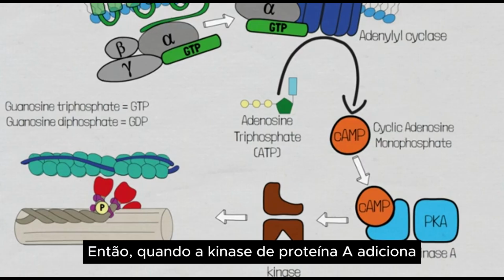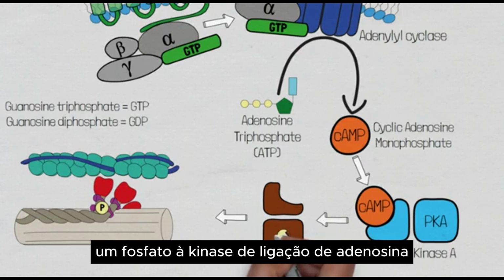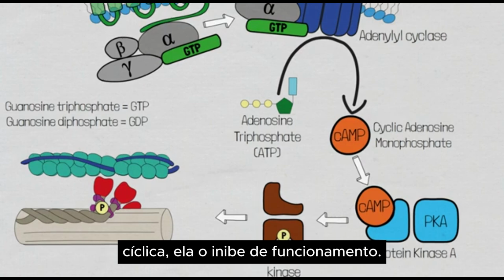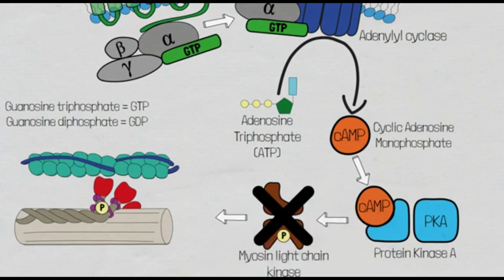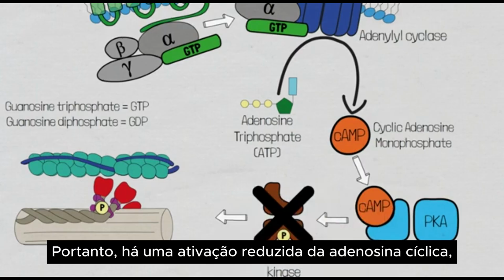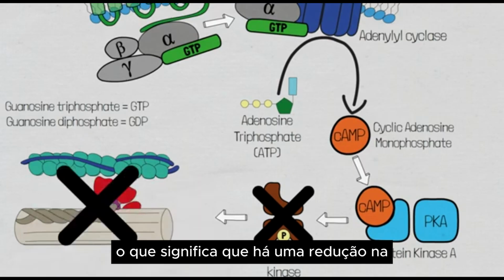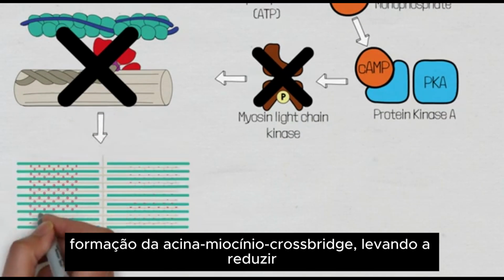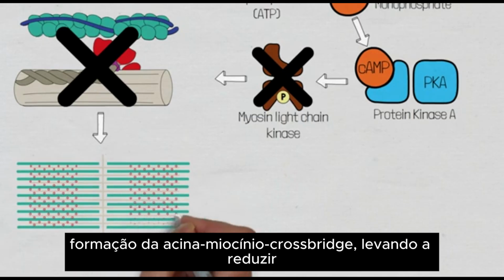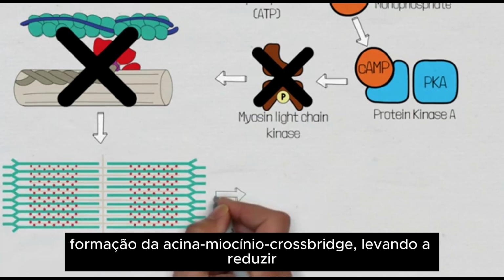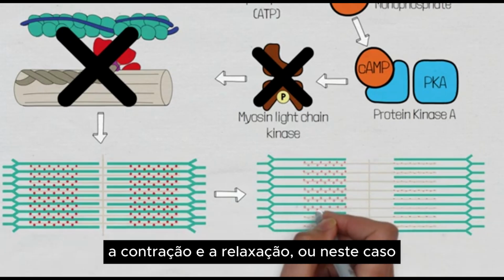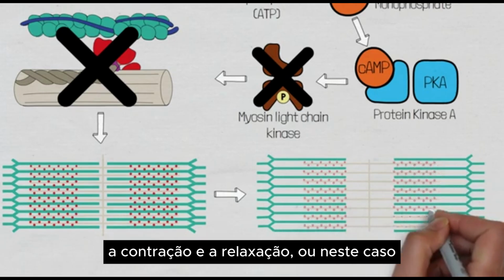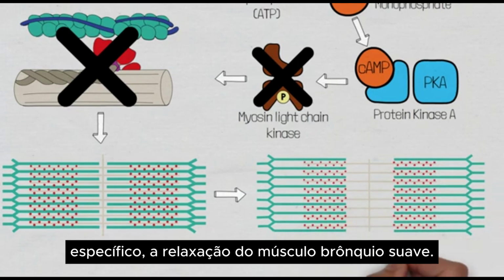So when protein kinase A adds a phosphate onto the myosin light chain kinase, it inhibits it from working. Therefore, there is a reduced activation of the myosin, which means there is a reduction in the actin-myosin cross-bridge formation, leading to reduced contraction and relaxation, or in this specific case, relaxation of the bronchial smooth muscle.